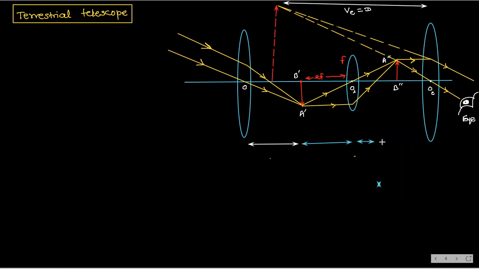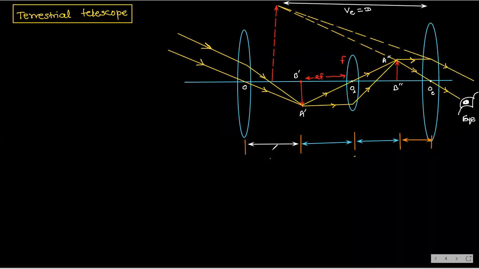Then again from this distance to this distance is what? And from this distance to this distance is what? Okay, I'm keeping some lines so that you'll understand, so that when they ask you to find the length of the tube, if some things are given, it should be useful for you.